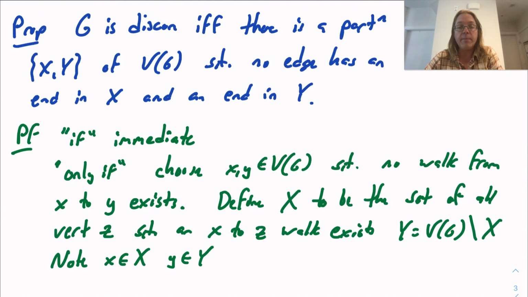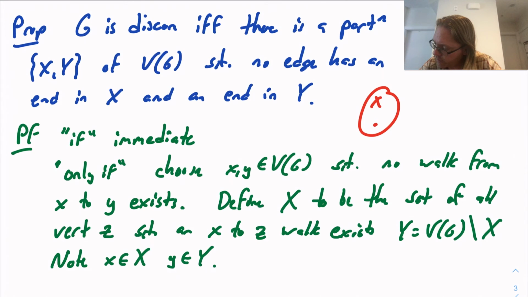Now what I claim is that there's no edge from X to Y. Let me just draw a picture up here. So here's our set capital X, and it's got this vertex in it, little x. Here's our set capital Y, and it's got this vertex in it, little y.